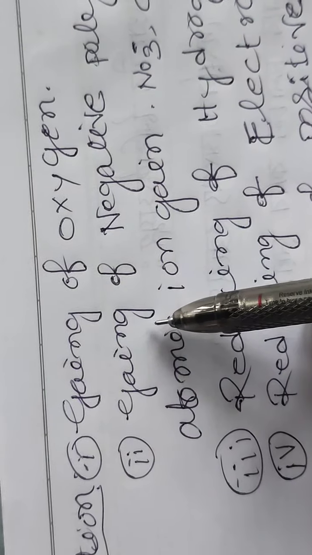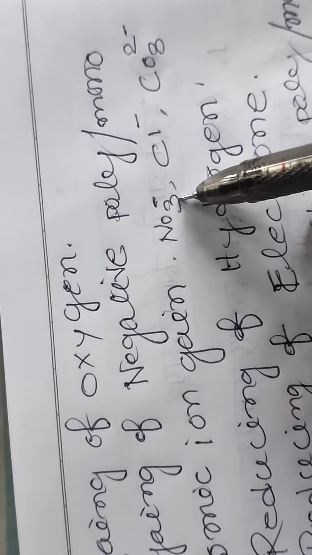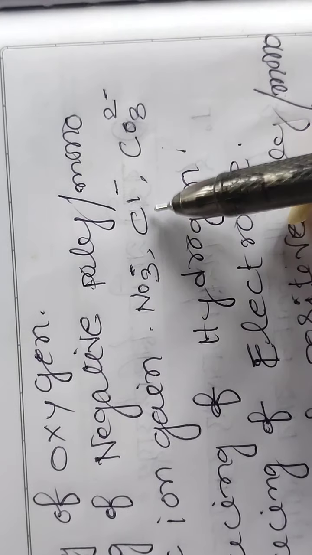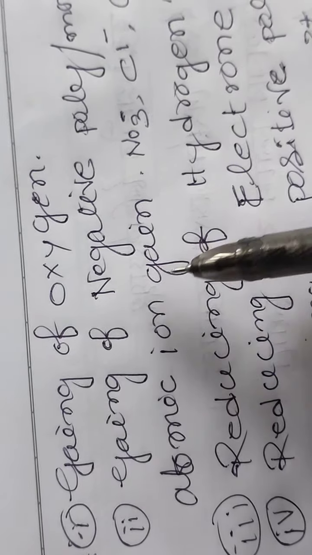Second, if it gains a negative poly or monoatomic ion, these are the negative polyatomic ions which you have read about in class 9, such as chloride and carbonate. If any element gains these ions, then that element is oxidized. Next, the third point, reducing of hydrogen.